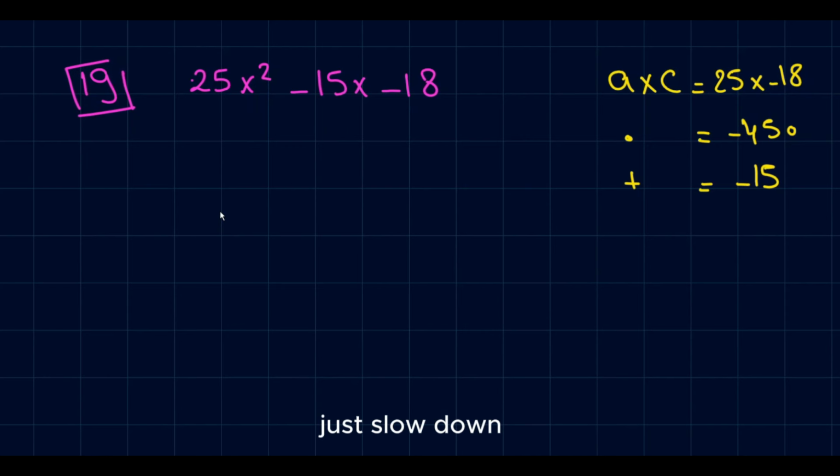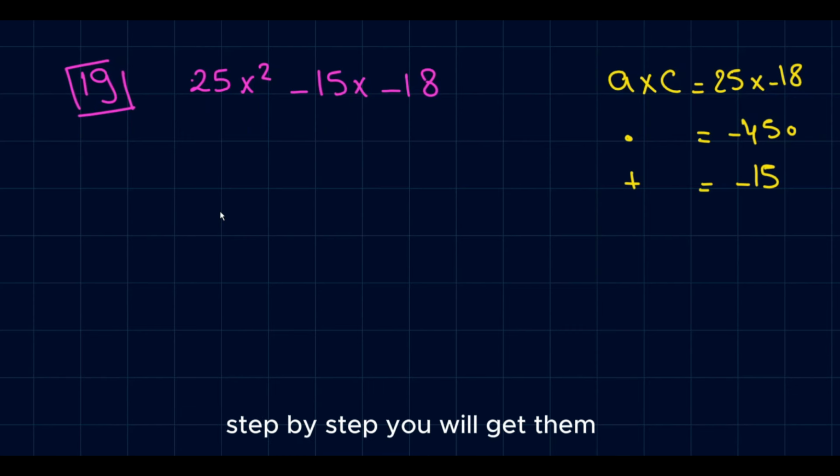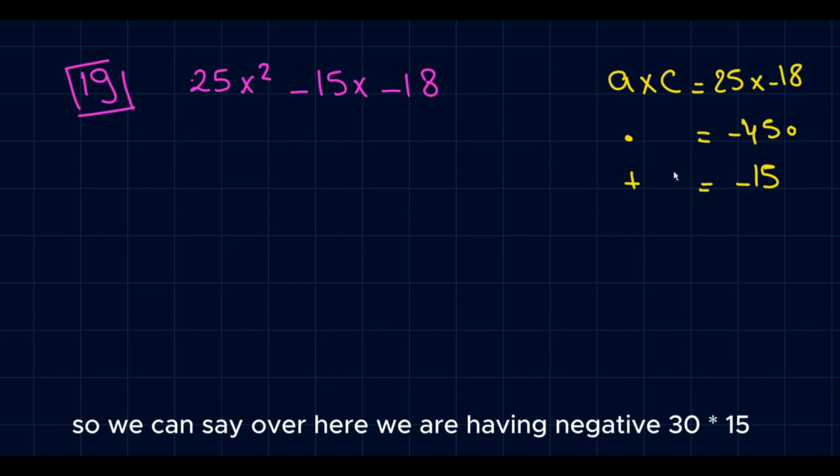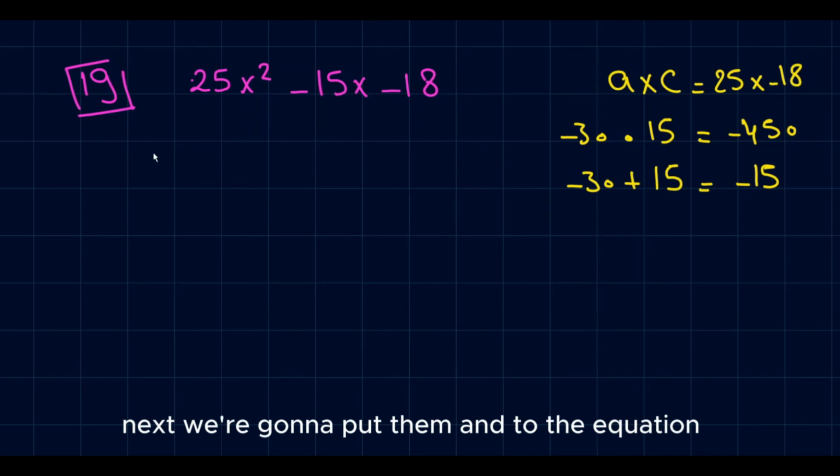Just slow down, give yourself a moment and take a look at the question. Step by step you will get them, and by practice, of course. So over here we are having negative 30 times 15, and negative 30 plus 15.